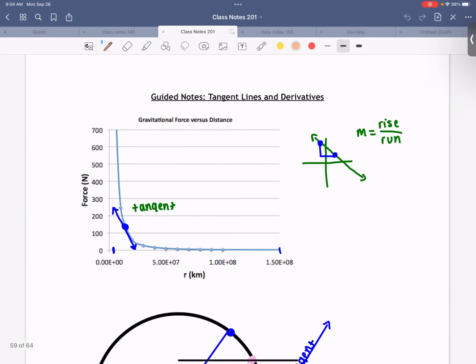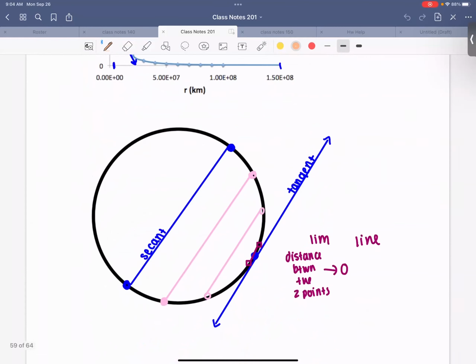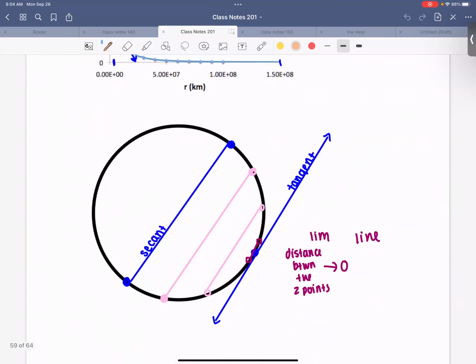Okay, and the way we did that was we used this thing called the secant line, which has 2 points on the graph instead of just one, to approximate the slope of the tangent line.